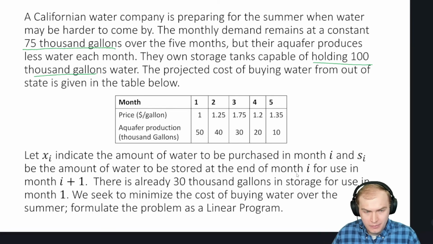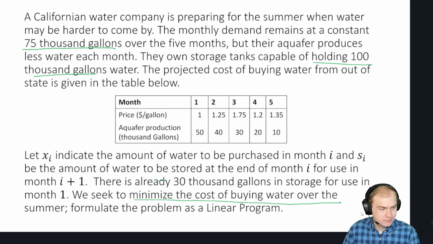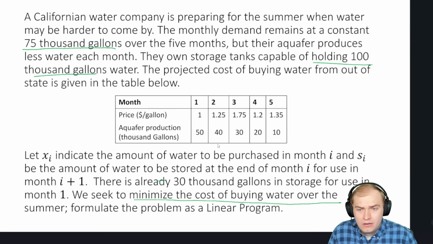They can store some water in their holding tanks at the end of every month, si, for use in the next month. Let's say there's already 30,000 gallons in storage for use in the first month, and we want to minimize the cost of buying water. The problem is a linear program. We already have our variables, xi and si, so how much we buy and how much we store.